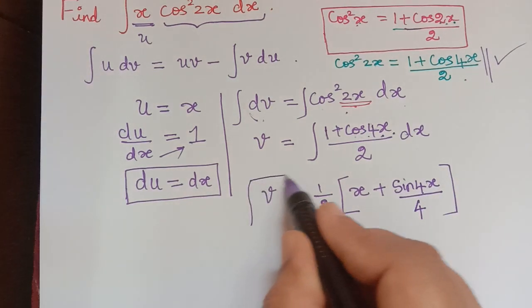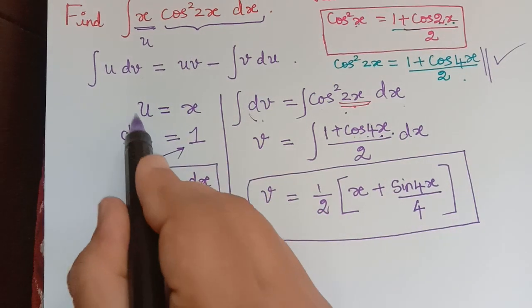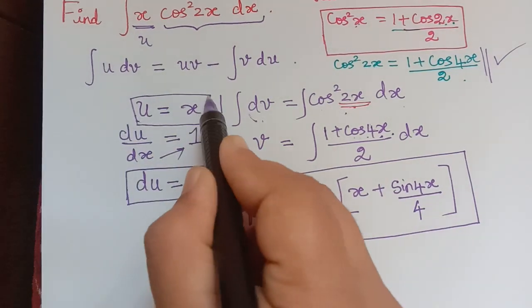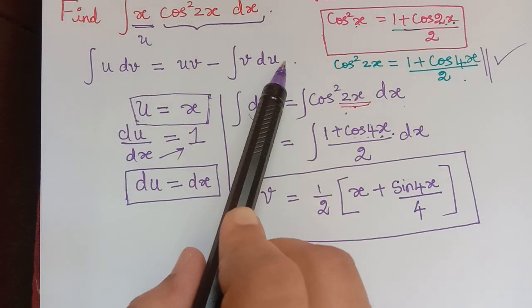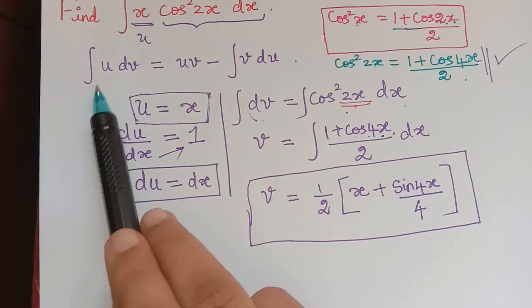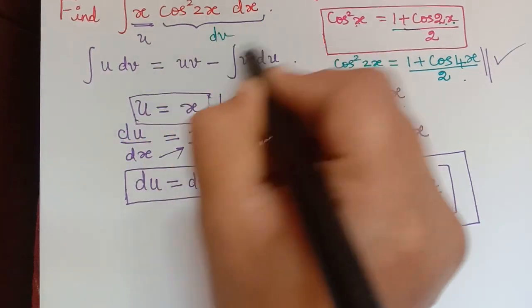Now we have obtained du and v, and u we have taken here as x. So all this now we have to substitute in this formula. So as per the formula, integral u dv. So u dv is what? This and this, that is the given question.